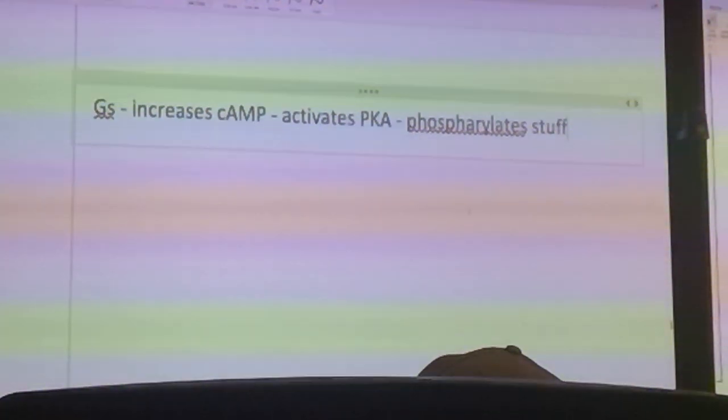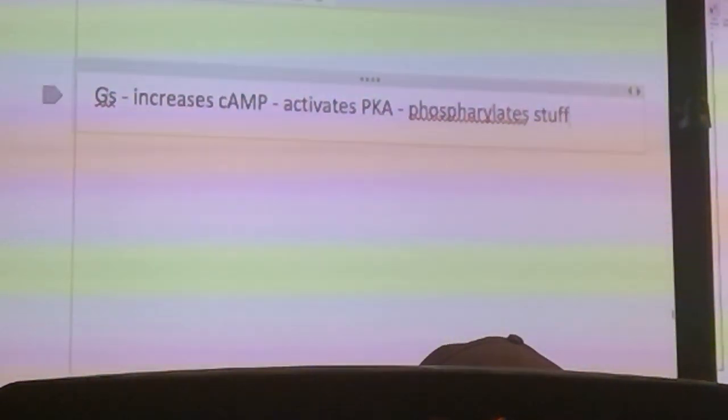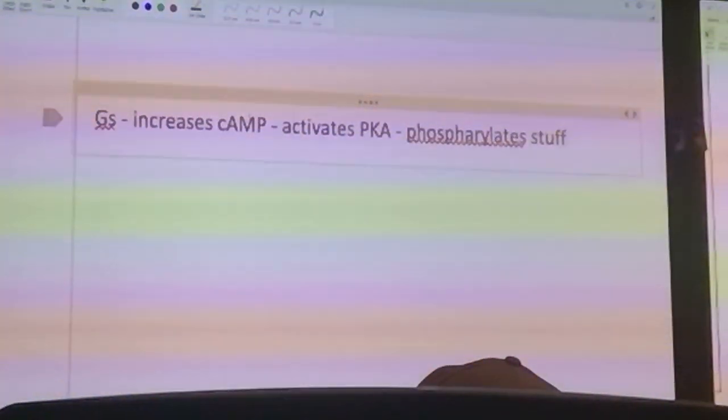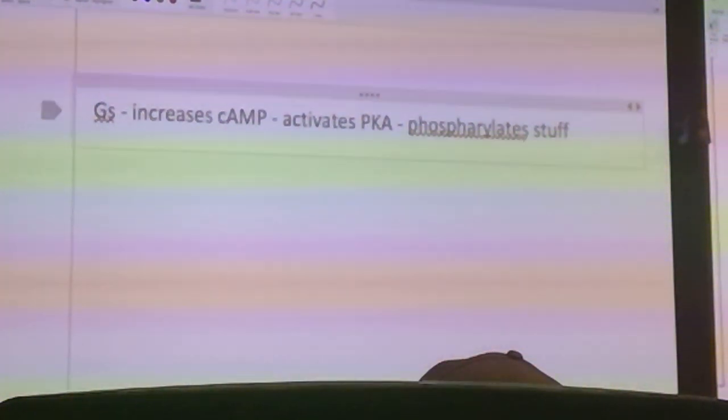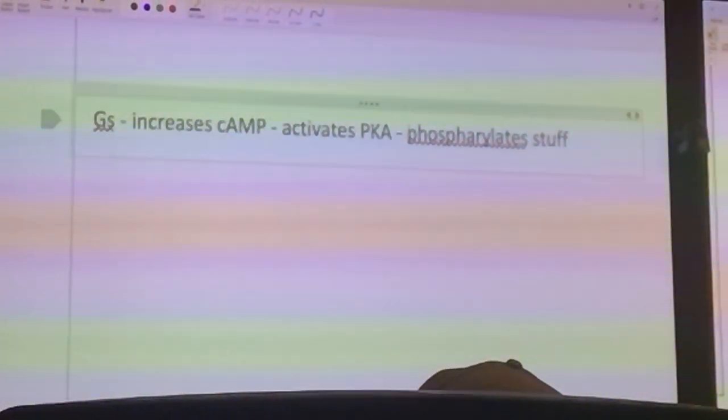Okay. So this is what glucagon and epinephrine do. They activate Gs. That Gs increases cyclic AMP. That cyclic AMP activates protein kinase A. And that protein kinase A phosphorylates stuff.